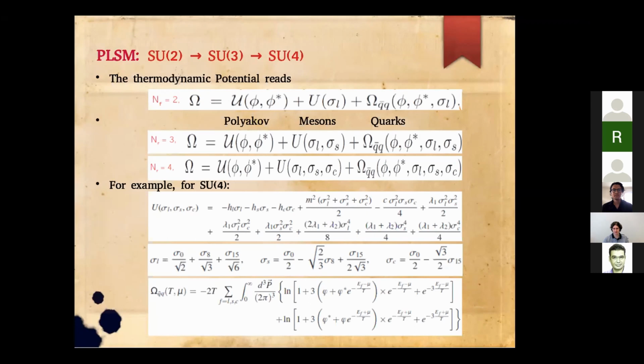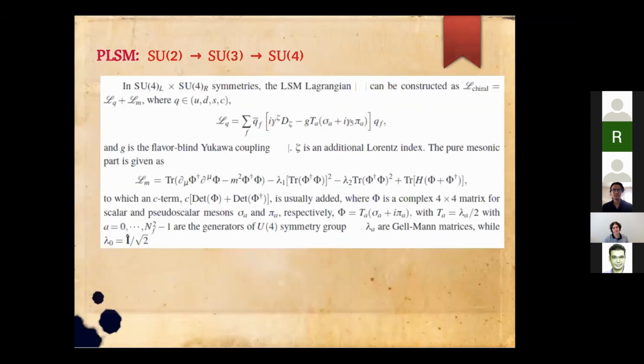When we move from SU(2) to SU(3) and SU(4), we have to follow this path as I'm describing here. We have to consider the symmetries for SU(4), for example, and the part for the quarks reads something like this. For the mesonic part, this is the expression for the Lagrangian as well.